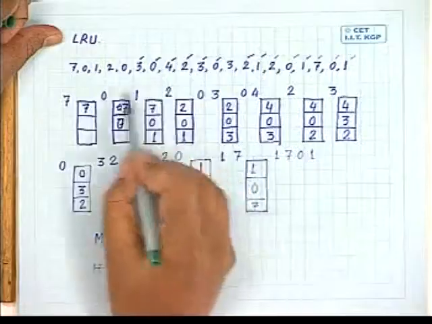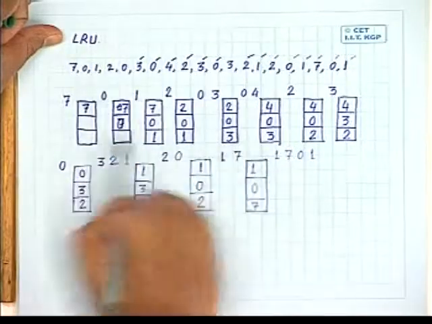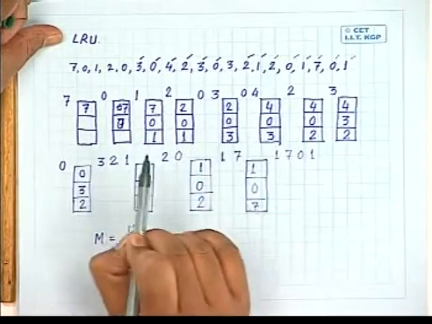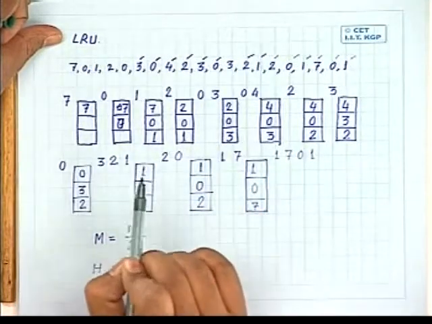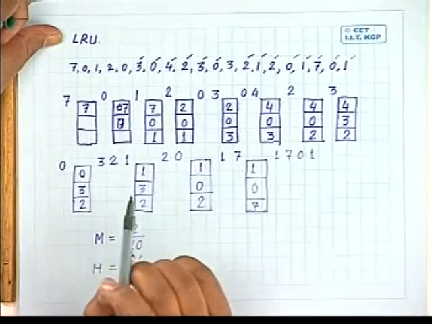Okay, so using this property for page replacement, this is nothing but an approximation of the optimal algorithm. In the optimal algorithm, we replace the page which is not referred to for the longest period in the future. And here, in LRU, we are predicting that a page which has not been referred to for the longest period will also not be referred to for the longest period in the future.